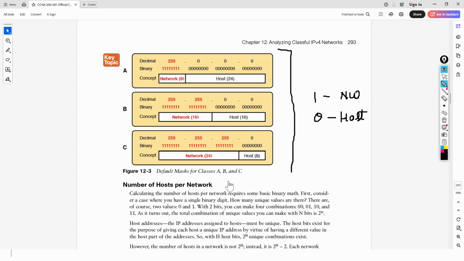So you can see in this diagram that the network part contains all ones, the host part contains all zeros. Similarly, for class B, the network part contains ones, the host part contains zeros. Class C, the network part contains all ones, the host part contains all zeros.